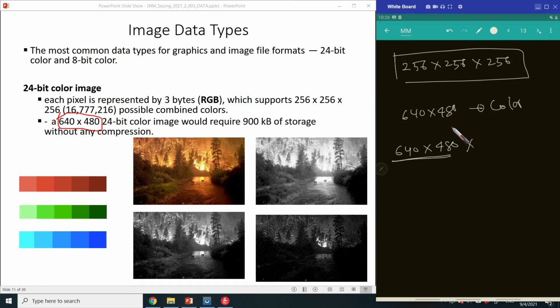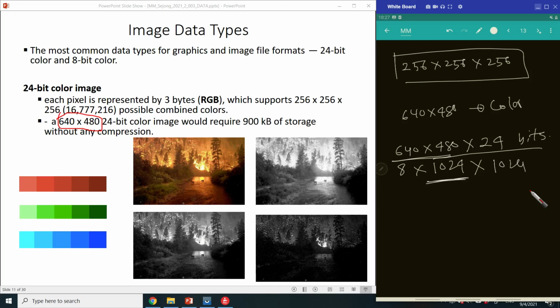For each pixel we now need 24 bits or 3 bytes. So that means this is the number of bits we need. If we divide this by 8, this will be your bytes. And if we divide this by 1024, this will be your kilobytes, and if you divide this further by 1024, this would be your megabytes of information.